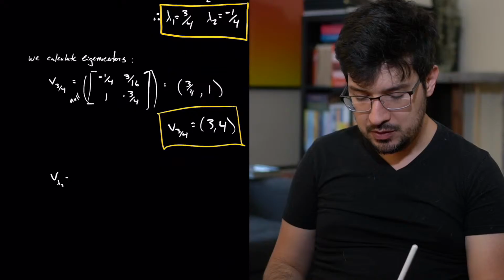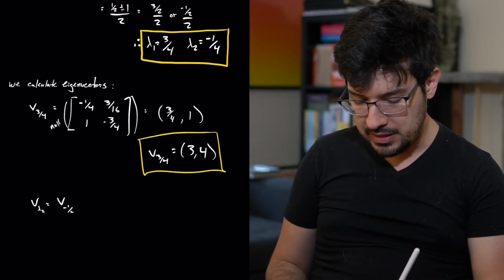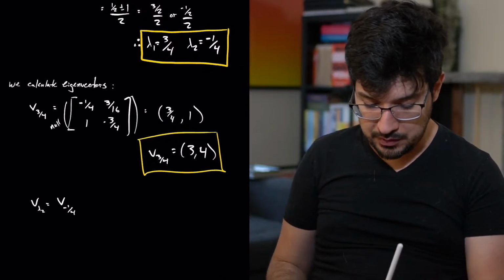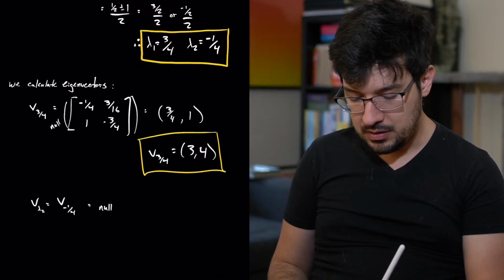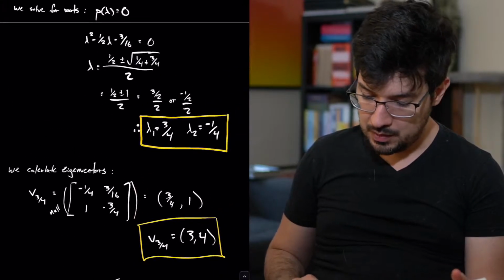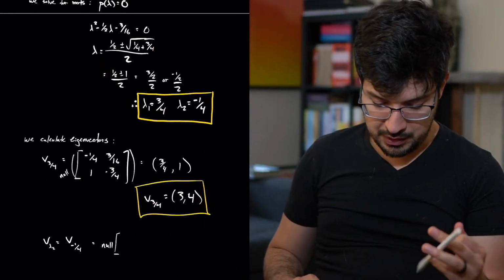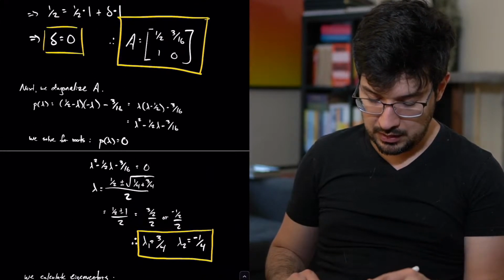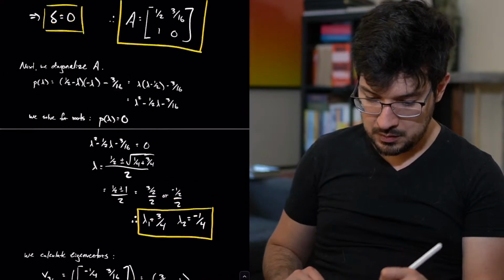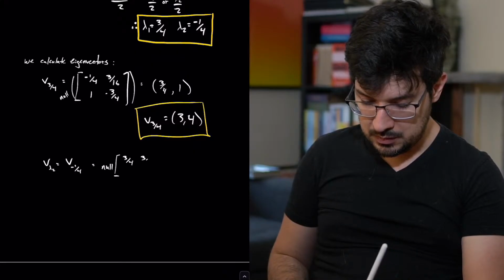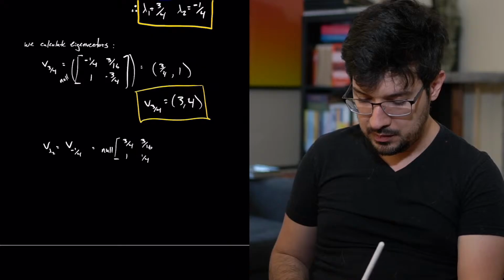Then v lambda 2 is our eigenvector corresponding to eigenvalue negative 1/4, which is the null space of A plus 1/4. That is 3/4, 3/16, 1, and 1/4.